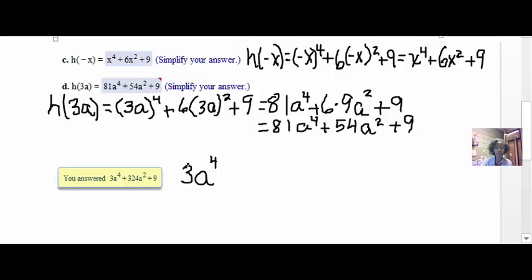So in other words, what would have been missing, I'll put in red, you were missing the parenthesis to get 3a to the fourth. And I'm not sure where this 324 comes from. I'm not real sure where the thinking would have been to get 324.